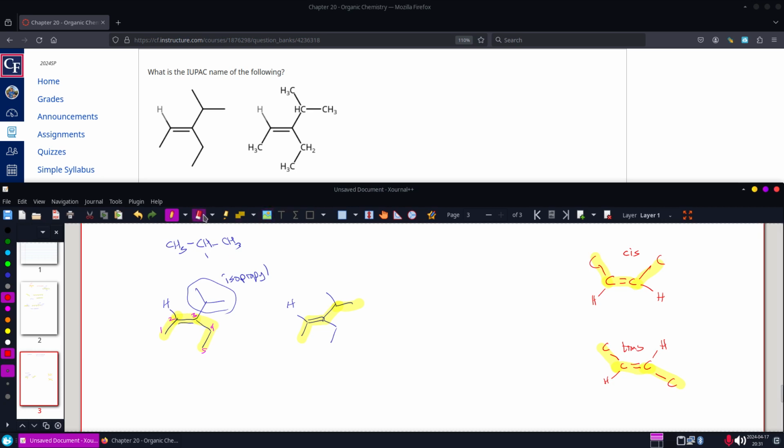So this guy that we did over here right now is cis. So my full name, I'm going to have the cis, and then in the 3rd location I have an isopropyl, and then I have 2 pentene. The 2 is telling us where the double bond starts.